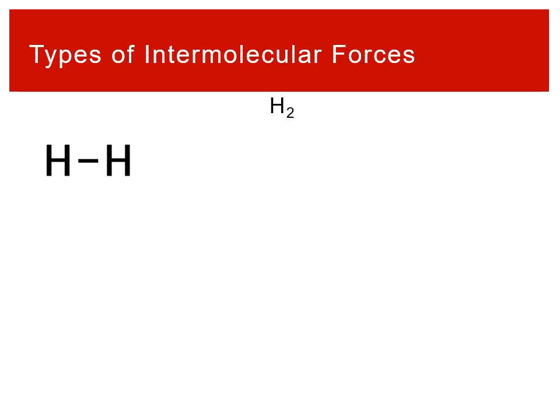H2. So H2, hydrogen molecules. Just a hydrogen atom single bonded to another hydrogen atom, no frills, no lone pairs. Can this molecule form hydrogen bonds? I mentioned hydrogen bonding was confusing in terms of name. No, hydrogen cannot form hydrogen bonds.